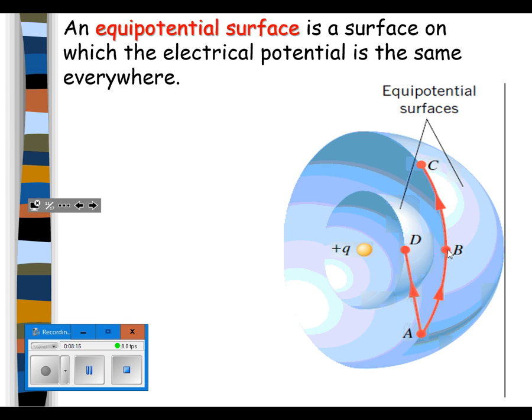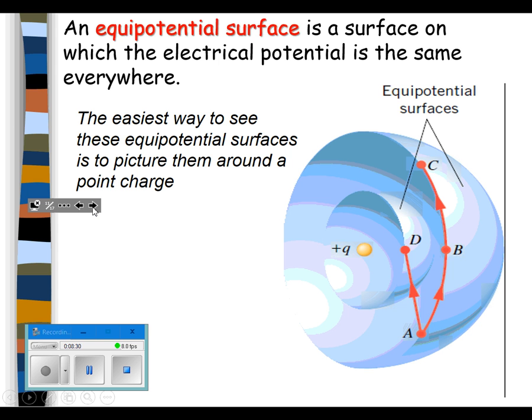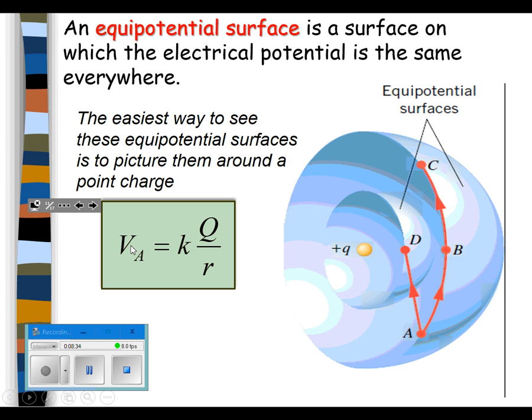Whereas A, B, and C are on a separate path, but they're all the same distance from Q. So A, B, and C all have the same potential. It really is like thinking about a circle. That potential is KQ over R, and that R value is where we come up with that electric potential or voltage.